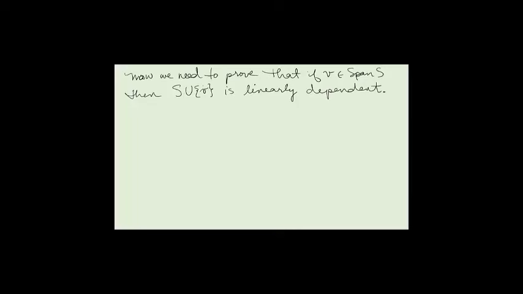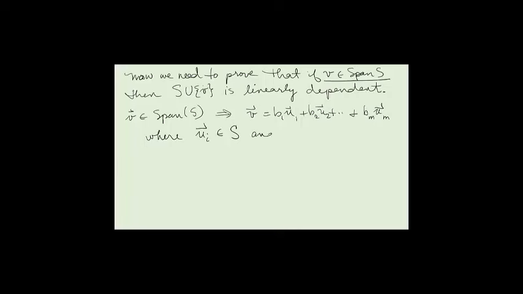Okay, so we're assuming that v is in the span of S. So v in the span of S implies that v is equal to b1 u1, let's say, plus b2 u2, plus some finite number of them, let's say m, bm um, where the u sub i's are vectors in S, and the b sub i's are, of course, from the field over the vector space, the scalars.